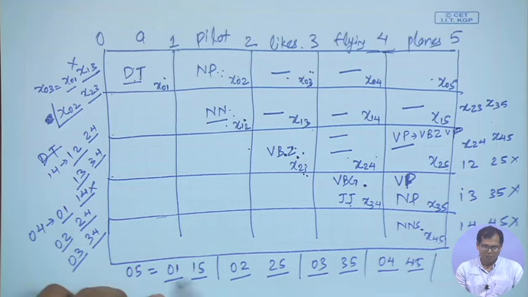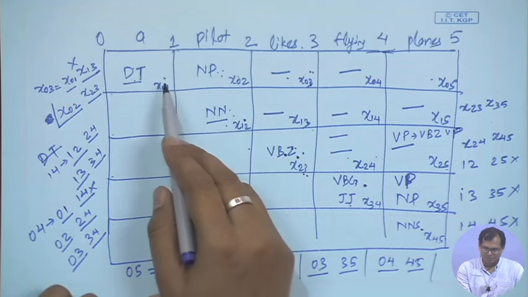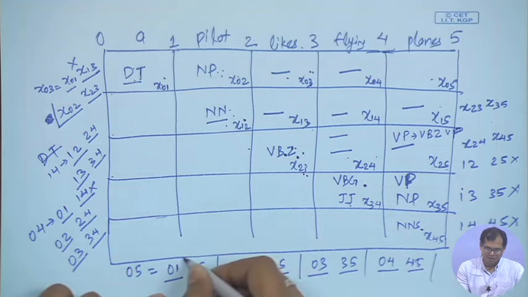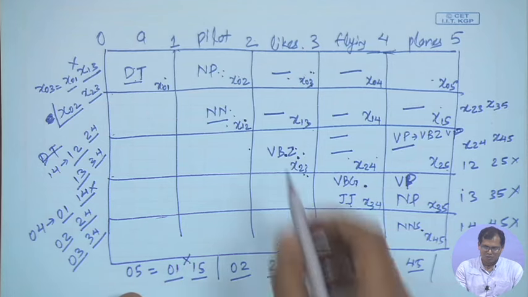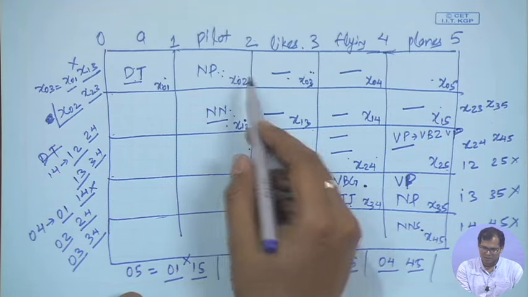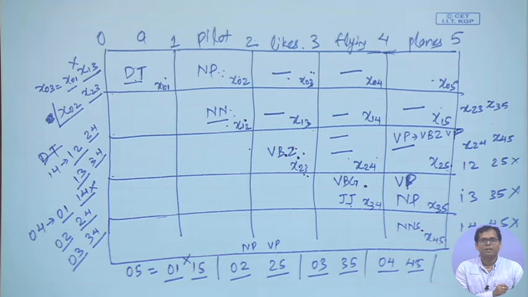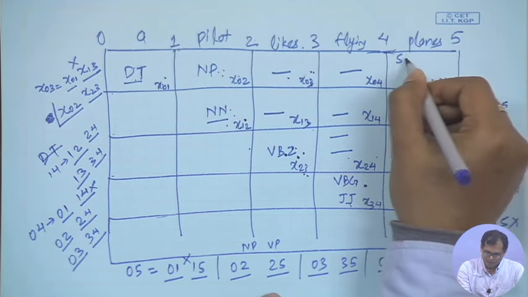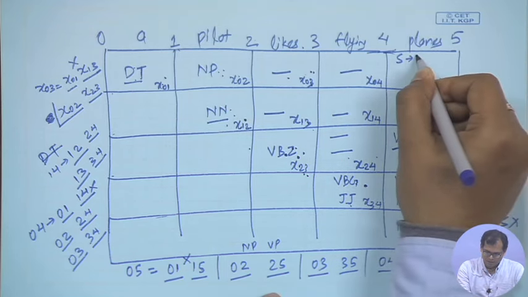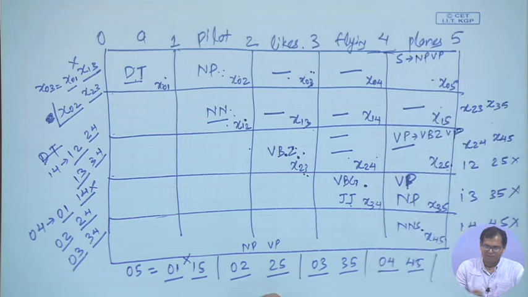Okay. 01 followed by 15. 01 is there, 15 is null, this is gone. 02 followed by 25, 02 is there and 25 is also there. This is NP followed by VP, and this is a sentence in my grammar. So S gives me NP-VP. So this is one possibility already. That means this sentence is grammatical at least.